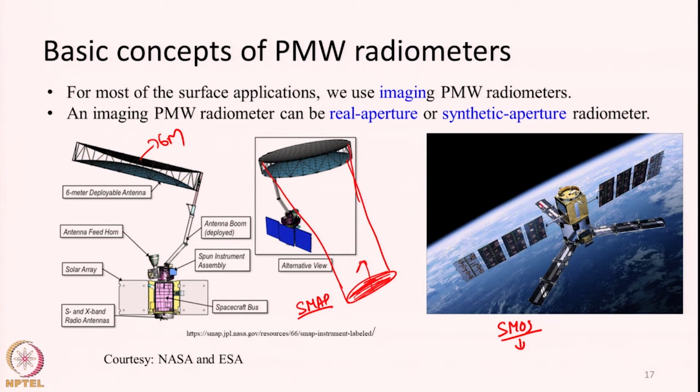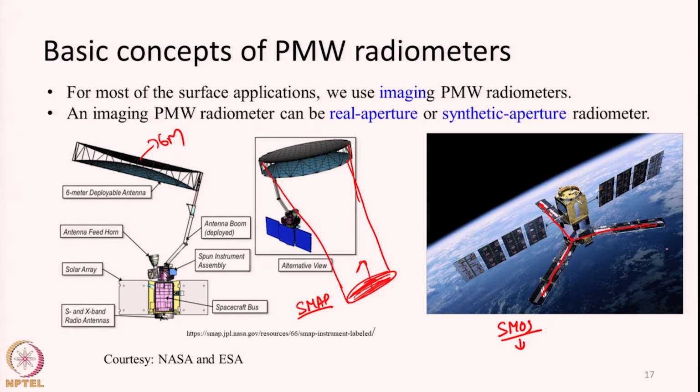So, here the satellite will look something like this. 3 arms having a lot of tiny antenna elements arranged in terms of arms of a Y. Okay. So, this is like a Y, the English alphabet Y, there will be a lot of antenna elements. Nothing will rotate here, but the same ground point will be seen by several antenna elements and electronically they will be processed and combined together to create one full image.